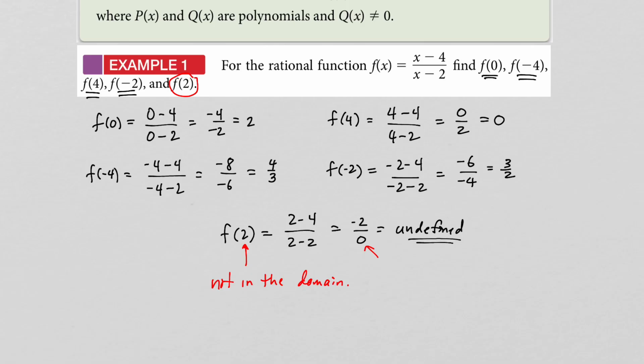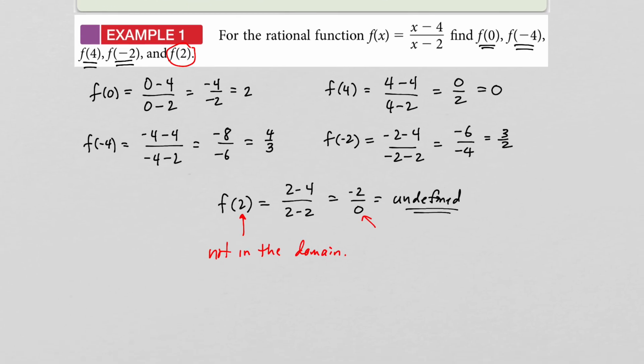So let's briefly talk about the domain of a rational function. The domain is going to consist of all values of x that you can plug in where you do not get division by 0. Another way to think about it is all numbers except for the numbers that make the denominator 0. Since the denominator here is x minus 2, the only number that makes that 0 is x equals 2.